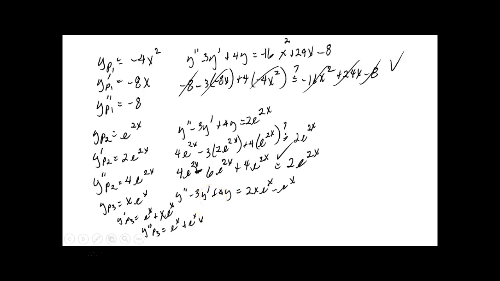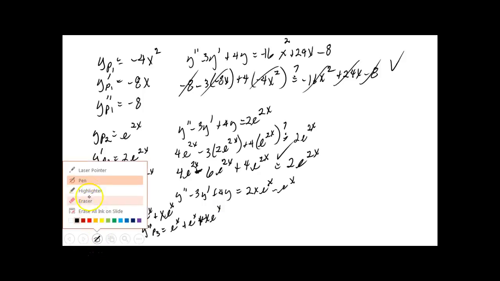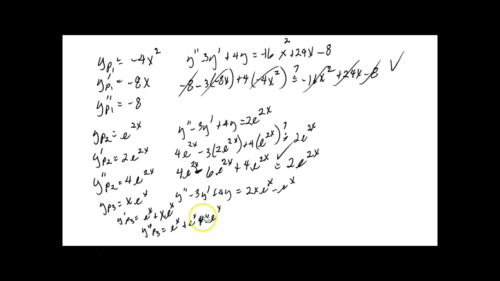Right. I got lost there. Okay, I thought I had already done that. Let me see if I can clean that up just a little bit. Which, by the way, would be 2e to the x plus x e to the x, which you could also write as 2 plus x times e to the x. I don't know if that makes it any better. And is that all we need? Yeah, I think it is.